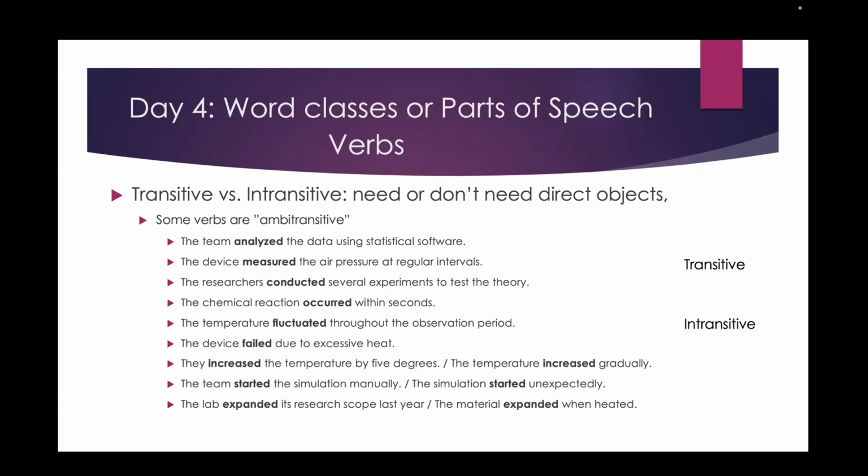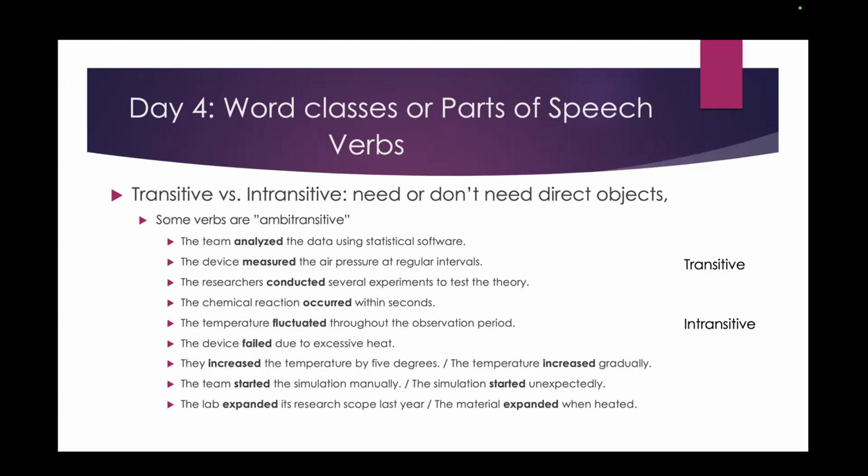Another example of these verbs that can be used in a transitive and in an intransitive manner is: the team started the simulation manually. So there the verb is started and the object is the simulation. And if we convert this into an intransitive sentence, then we can say: the simulation started unexpectedly.